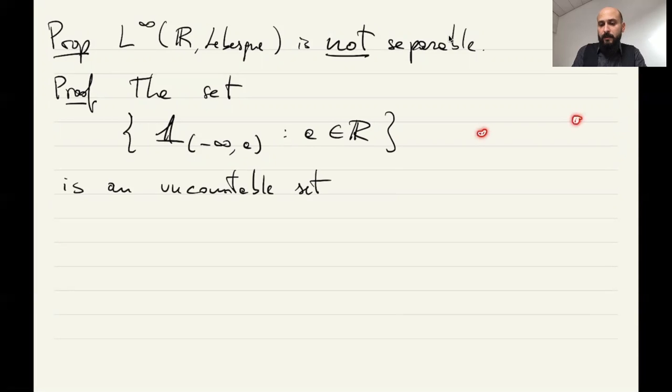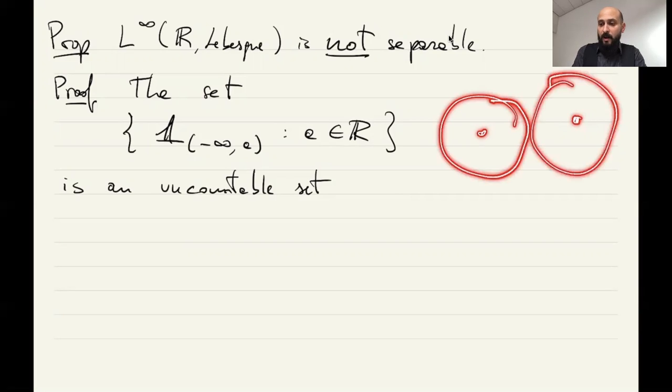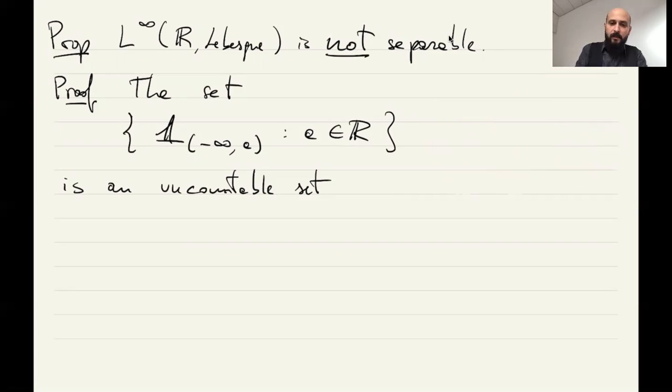And therefore, the space cannot be separable, because if it were separable, then in every 1/2 ball around an element of this set, you could find an element of a countable dense set, and the 1/2 balls would be disjoint. So you would have a correspondence between a countable set and an uncountable set. This contradiction tells us that L infinity is not separable. Now let's check that this is 1-separated.